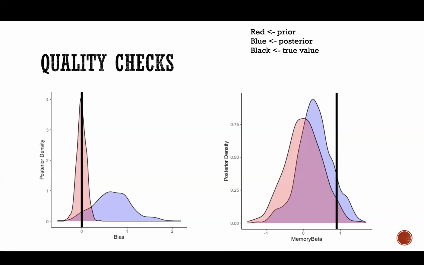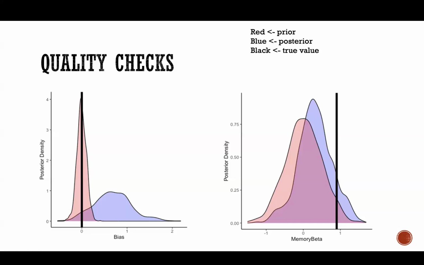So the model doesn't seem to be learning a lot, especially in the beta for memory. It gets only a tiny bit more confident, but really the shape is more or less the same. The range of parameters covered is only slightly shifted towards the truth. The model is not learning.